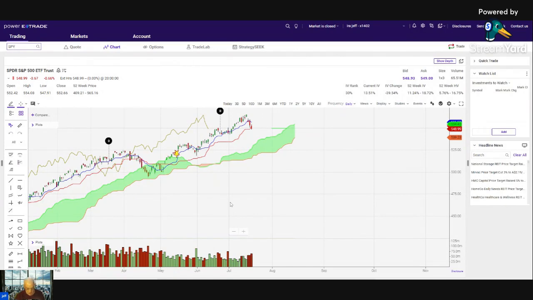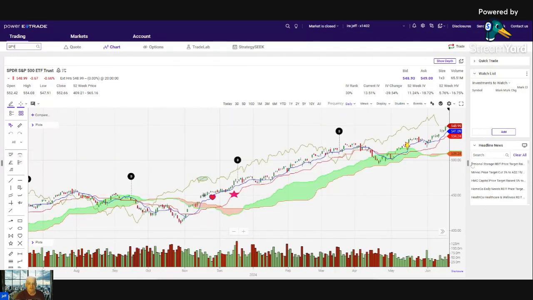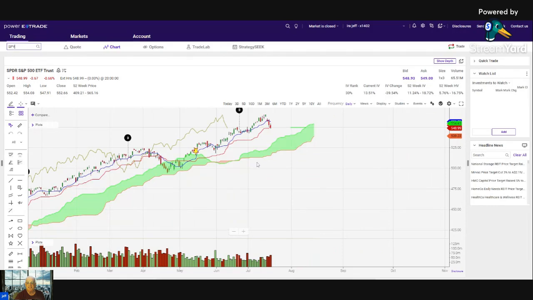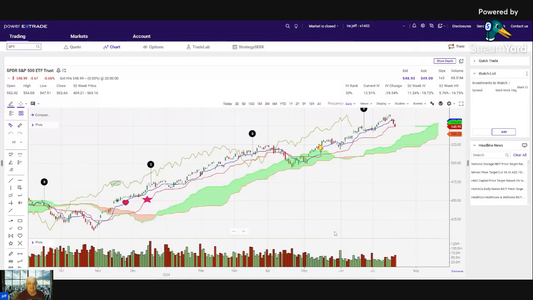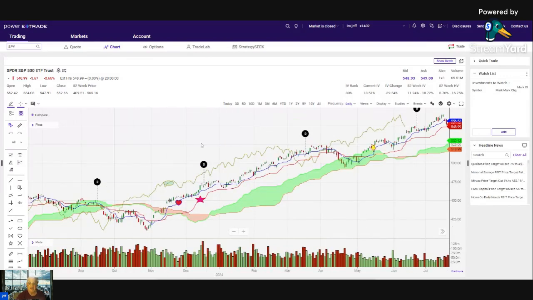So now I'll show a favorite entry. Let me show the rules for my entry. First, if I enter, I want the blue line to be above the red. In this case, you see the blue above the red. I want the cloud to the far right to be green. I want the lag line above the cloud.